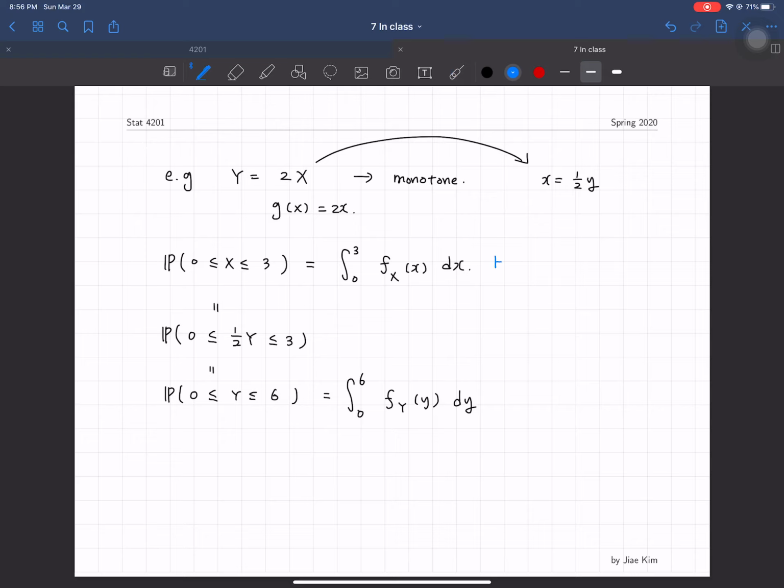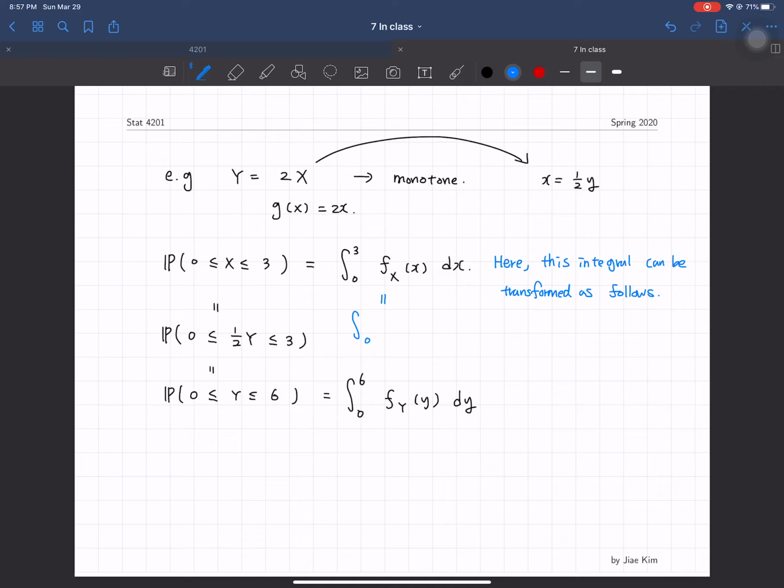So this integral can be transformed as follows. If you replace x by y, then whenever x is 0, y is 0.